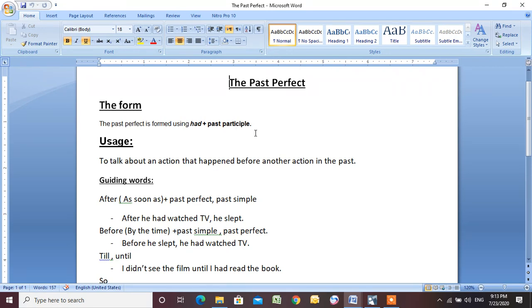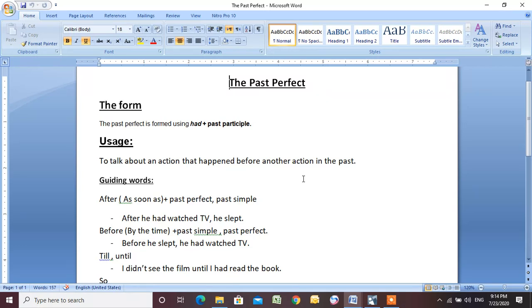Remember last time I told you to study the second column in the irregular verbs. Now I want you to study the third column in the irregular verbs in your student book page 124, because it has the past participle of the verb, which is form number 3.